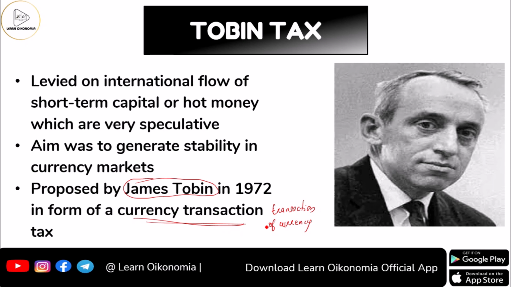Now, coming to the idea of Tobin tax, it is something that is levied on the international flow of short-term capital, or we call it short money. Why do you say it is international flow? Because today we are dealing with an open economy, an economy which has connection with the rest of the world. So when we deal with an open economy, there is inflow and outflow of funds.